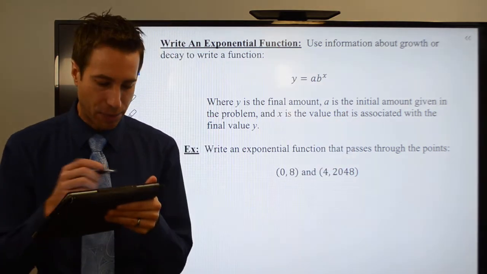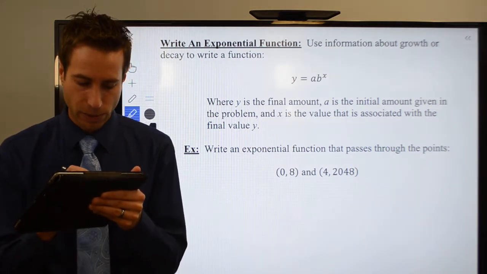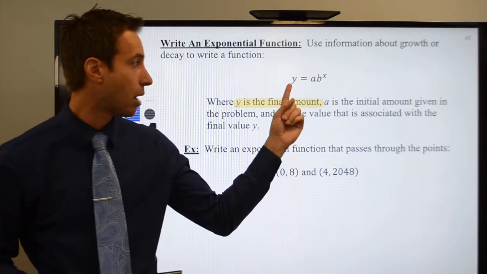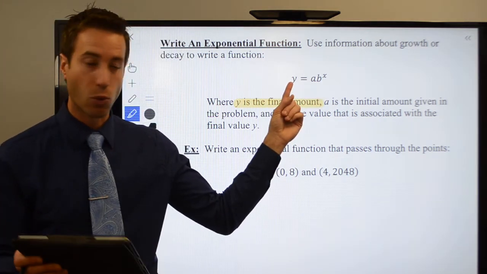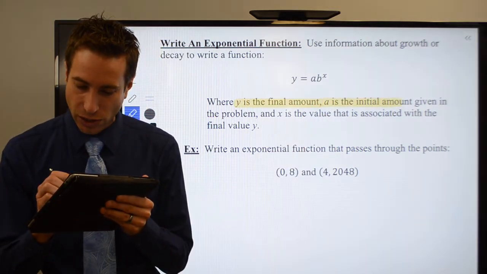So let me go ahead and highlight a couple of things for you here. As we go through these, we'll do a couple together and it should make really good sense. y is always going to be the final amount. So that y, the variable y, will be the final amount. a is going to be the initial amount given.